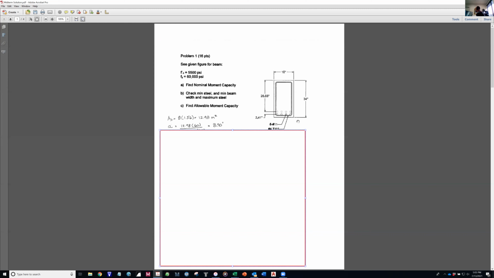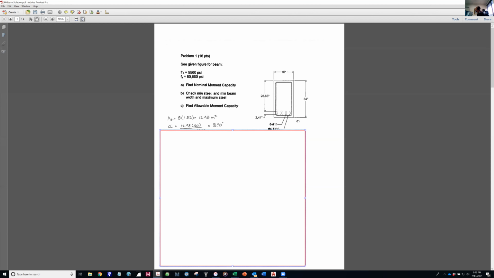That defines the beam and gives you all the dimensioning that you need to find the capacity. If at any time while I'm going through this exam you have a question or you want some clarification, just shout it out. We have plenty of time to go through this.